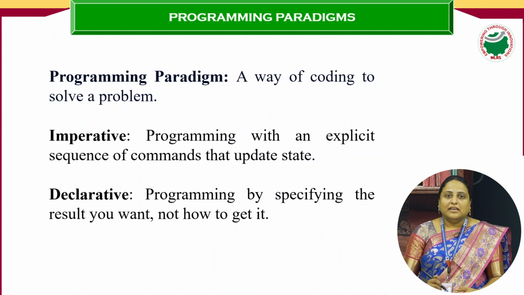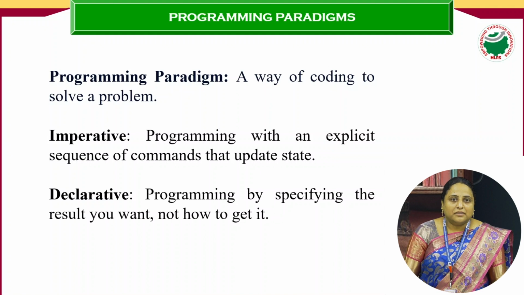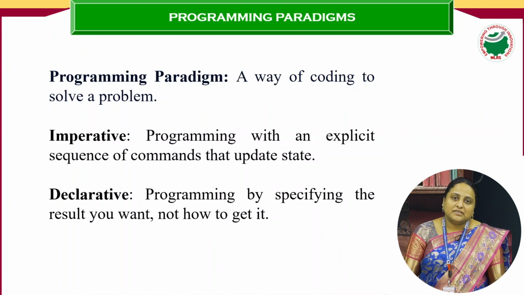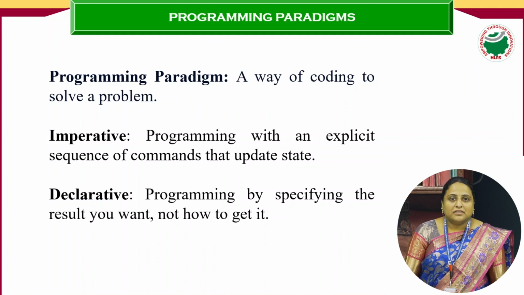So for example, if you take the first one, that is procedural programming. For example, if you want to print numbers from 1 to 10 using C or C++ or Java programming language, we need to write a code where our initial process should start, the count should start from 1, and 1 should be printed. Next it should be incremented to 2.